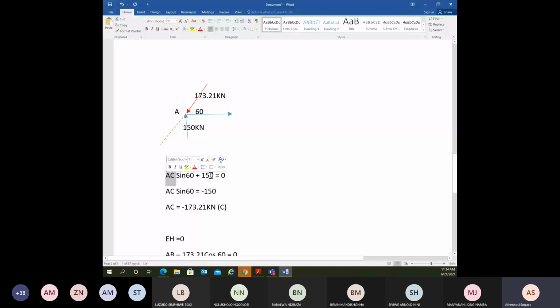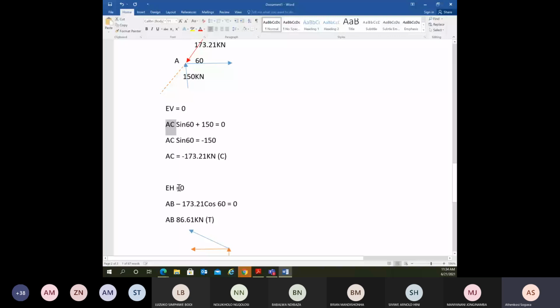Now, how do I determine the horizontal, AB? I use the sum of my horizontals is equal to 0. AB is a horizontal force on its own.